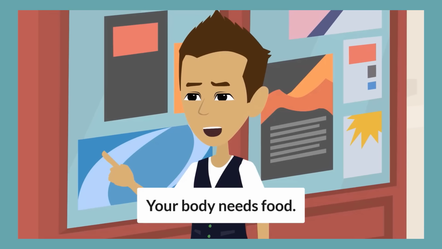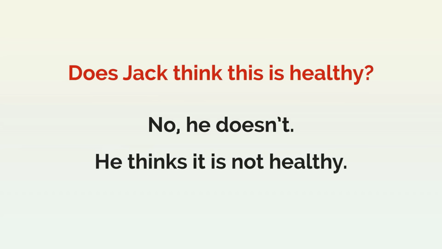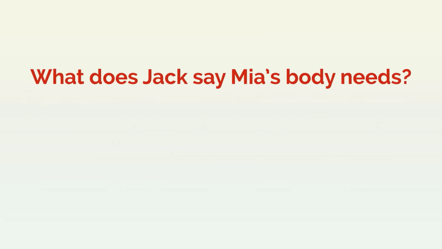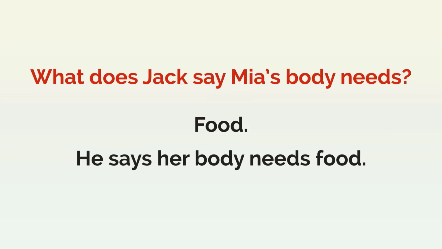Your body needs food. Does Jack think this is healthy? No, he doesn't. He thinks it is not healthy. What does Jack say Mia's body needs? Food. He says her body needs food.